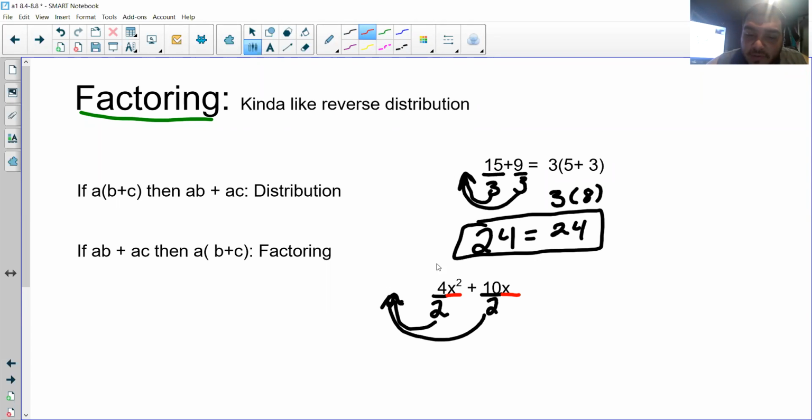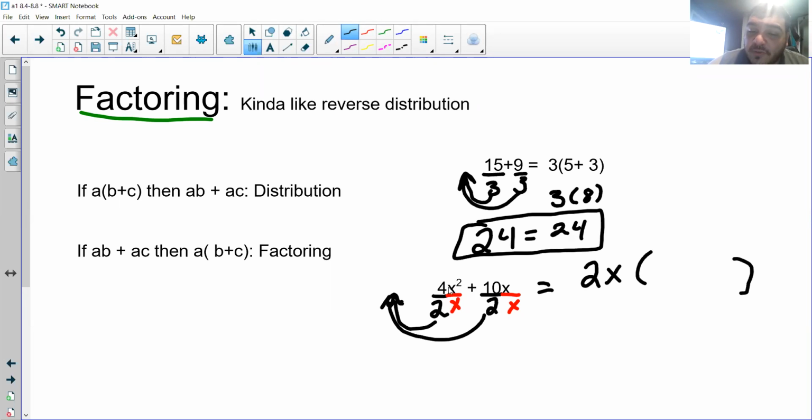Because you have 1 x in common, you're going to factor out an x. If you ever did greatest common factors, back in fractions, this should be familiar. Maybe not the variable aspect of it, but greatest common factor is the same concept. So I'm taking out the 2x because that's what's in common between both of them. And sometimes the hardest part for people is just figuring out what's in common.